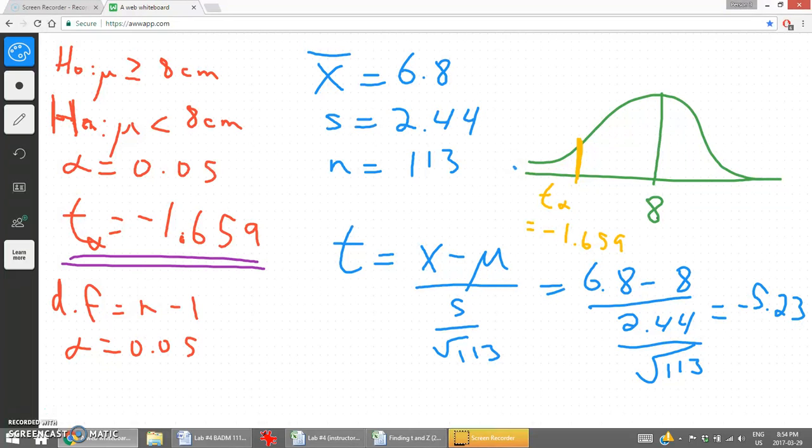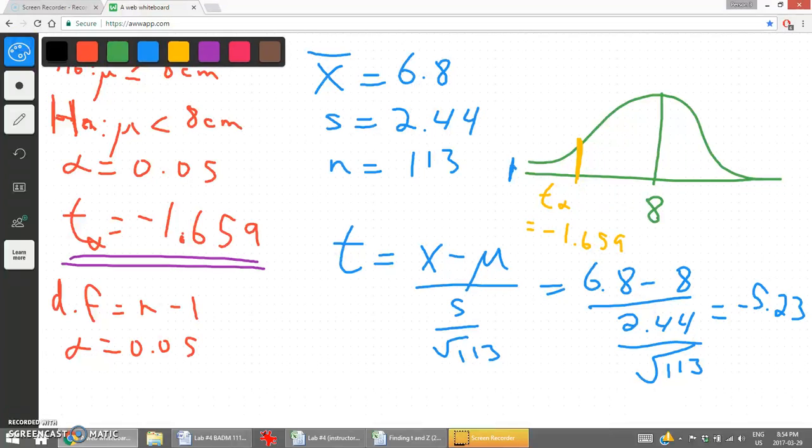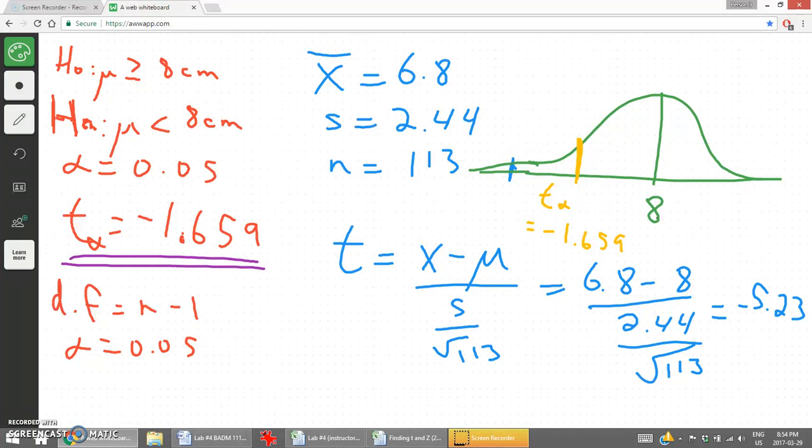That value would be placed way out here on that normal distribution. If we were to continue this distribution, we would have it kind of like that. So we know that it's more extreme than our critical value. Our critical value tells us at what point we would reject the null hypotheses or not reject it.